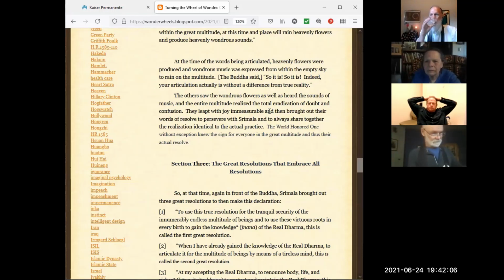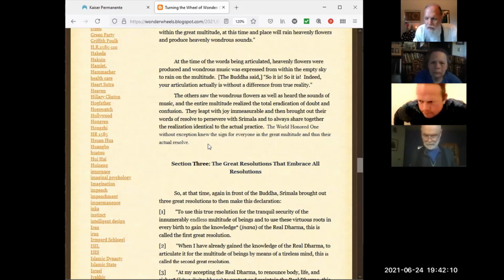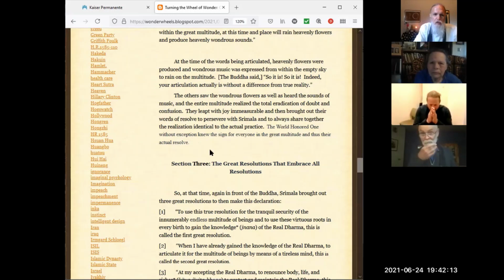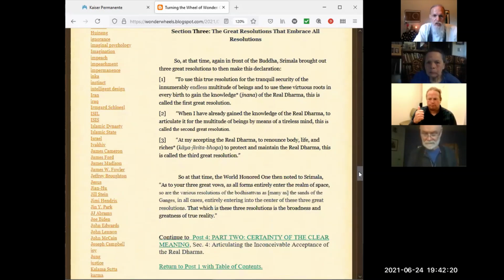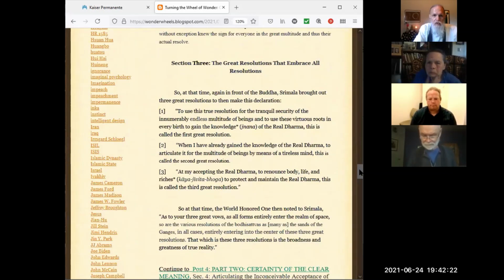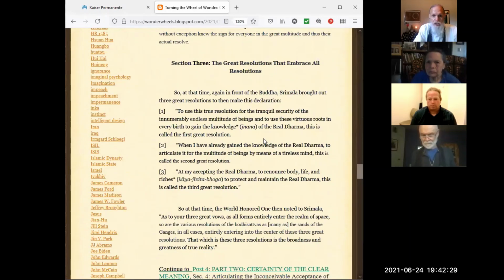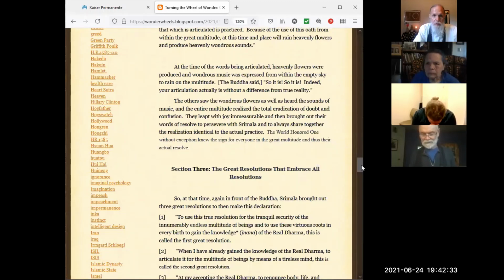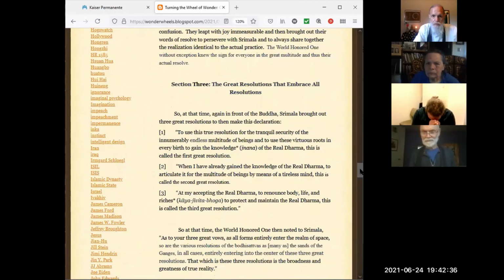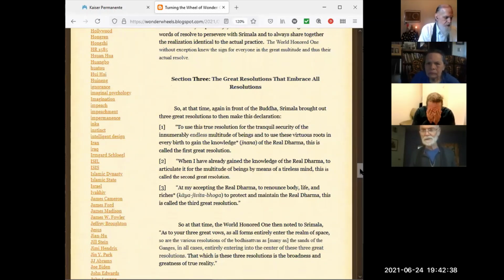Right. All right. Okay. Well, so great, there we are. Again, we've gone 15 minutes over time, but we did get to the end of section 2. Section 3, as we see, fits on one page, so that part will be quick comparatively. And then we'll go into section 4, which is articulating the acceptance of the real Dharma. We start at what Weymouth called deciding the cause.